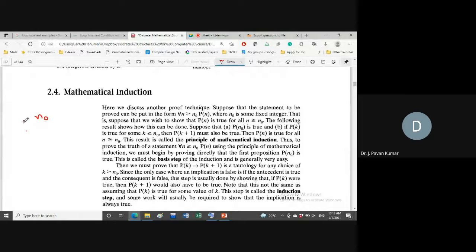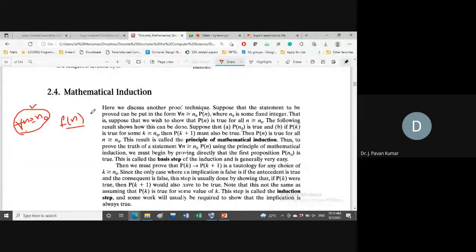After this n naught only, we will try to prove that one statement is true. Let us say the statement is f of n. f of n is true for all n where n is greater than or equal to n naught. Starting from n naught, whatever values we are having, for those values only f of n is true. That is the statement.